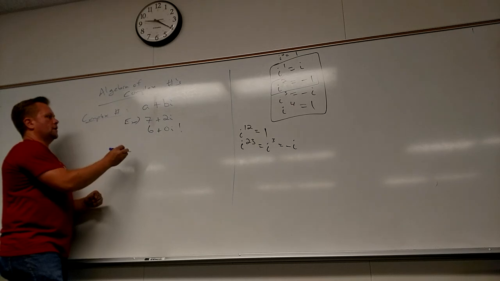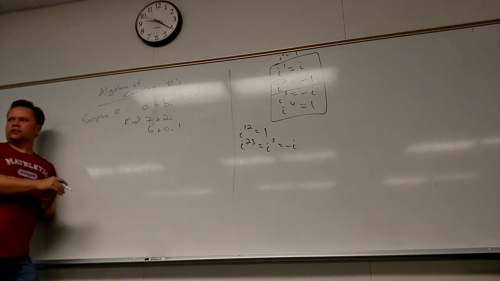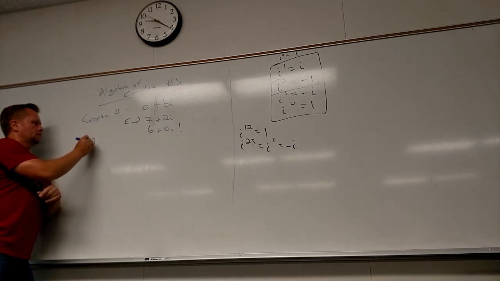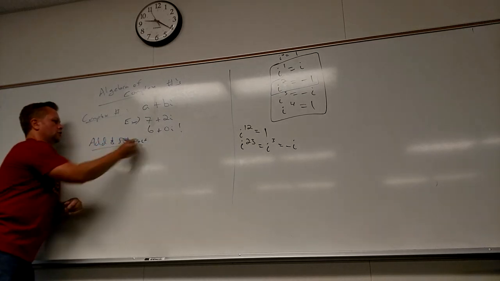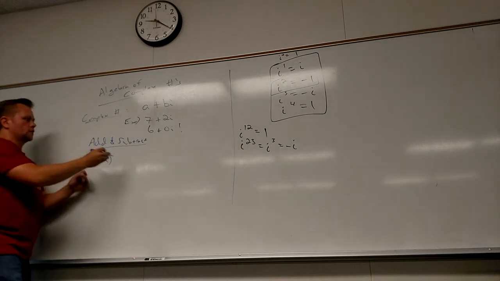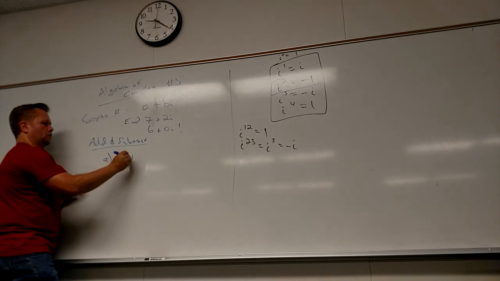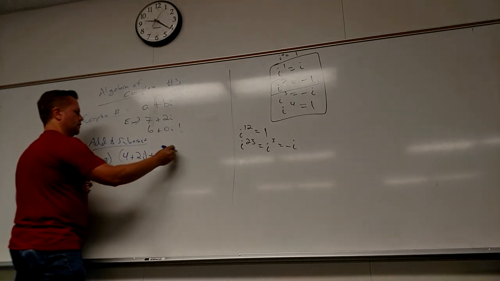Okay, so how do I add these together? Thank the gods that that's relatively easy. Add and subtract. What would your gut tell you is true about this? 4 plus 2i plus 6 minus 7i.